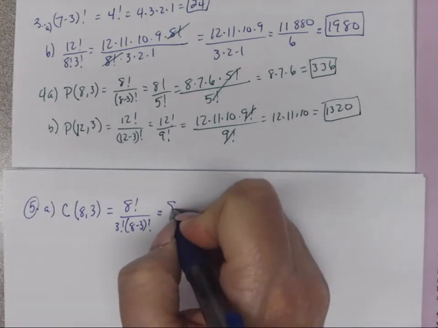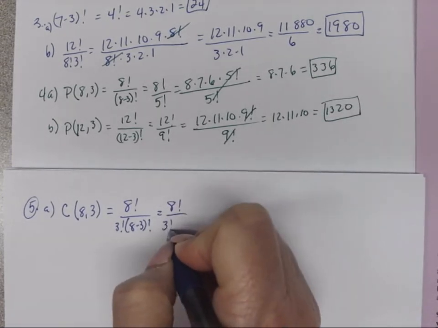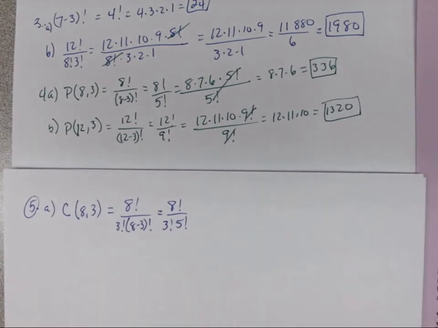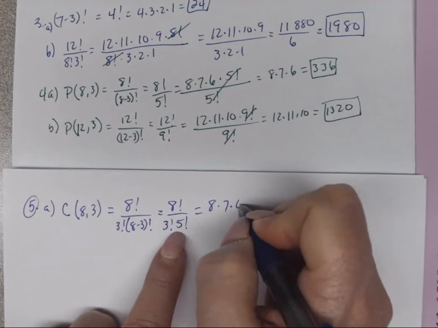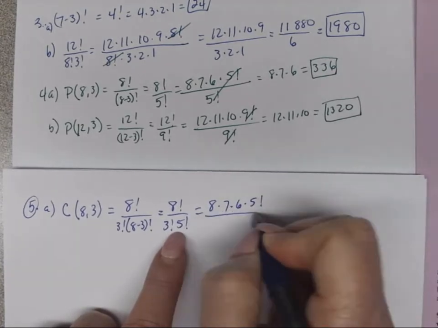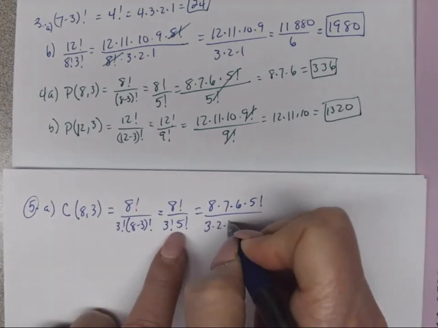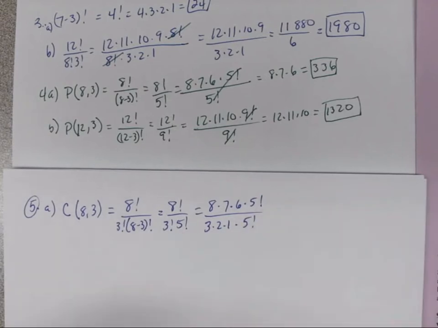So we'll end up with 8 factorial over 3 factorial, 5 factorial. 5 is the bigger number, so on the 8, we're going to stop at 5 factorial. And this will still be 3 times 2 times 1 times 5 factorial. So the 5 factorials are going to cancel out.